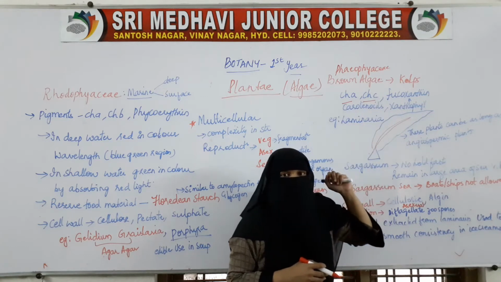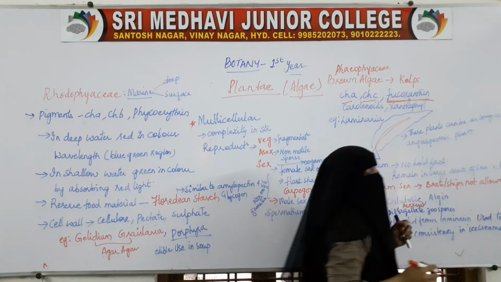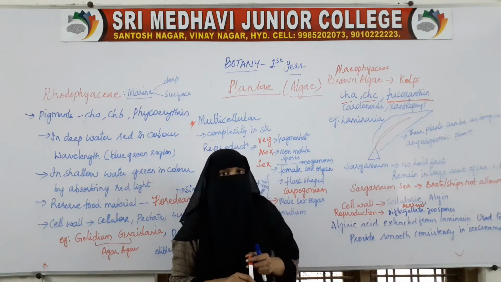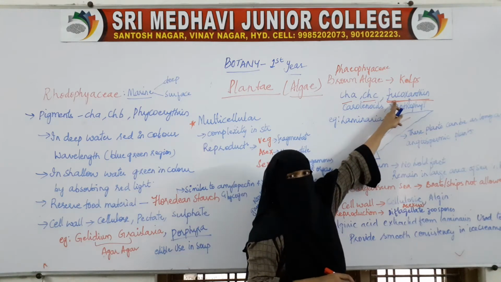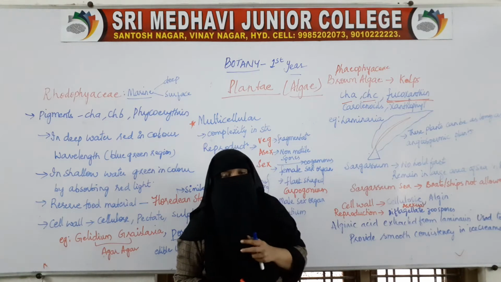Xanthophylls, especially fucoxanthin, give the brown color. It is a brown color pigment. So because of the concentration of fucoxanthin, this algae appears brown.